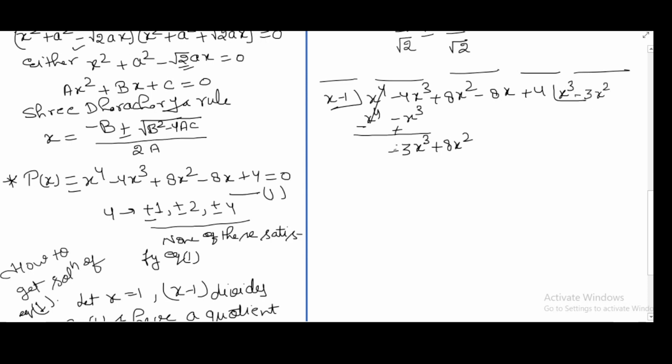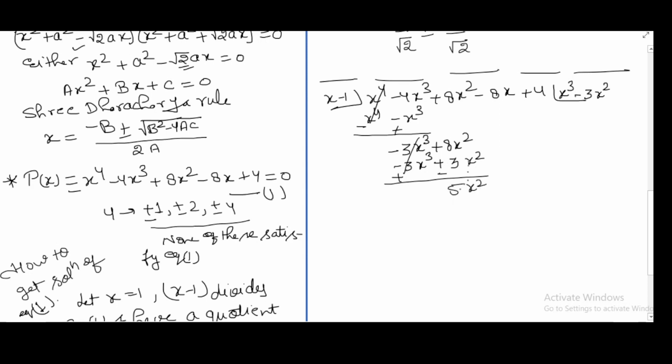When we multiply by minus 3x square, we will get minus 3x cube and then plus 3x square, again plus, and this is minus. It will be cut out, and we will get 5x square.